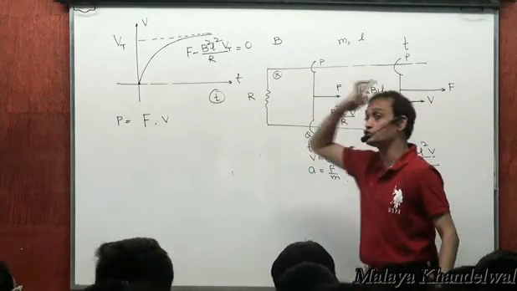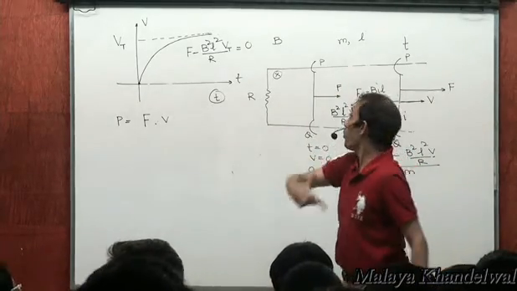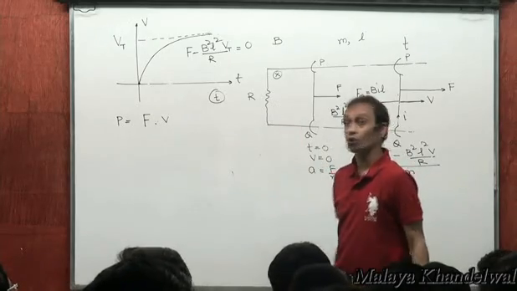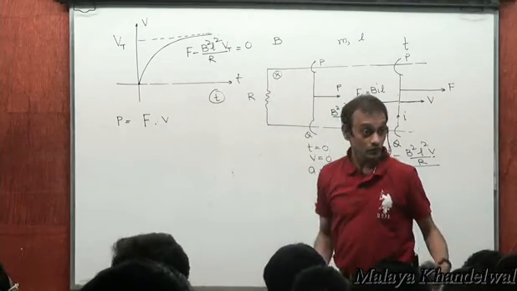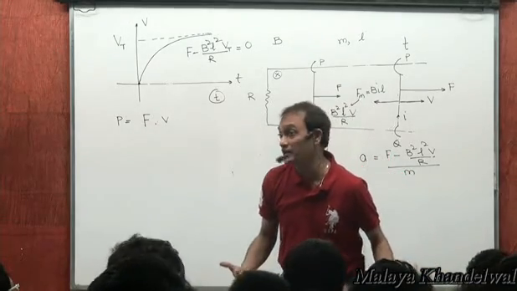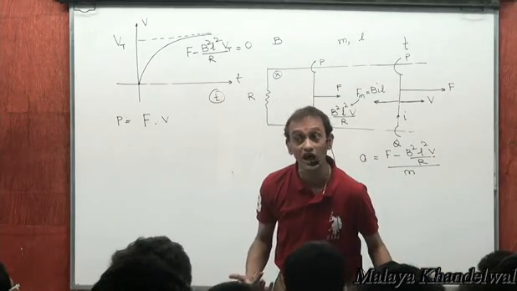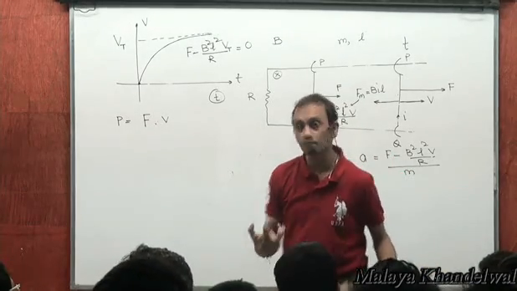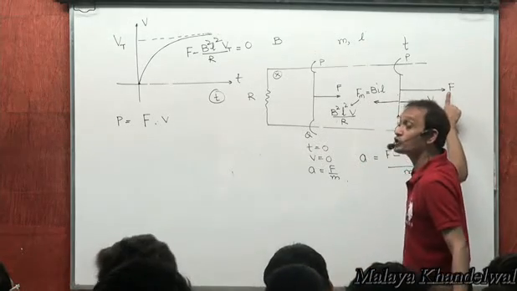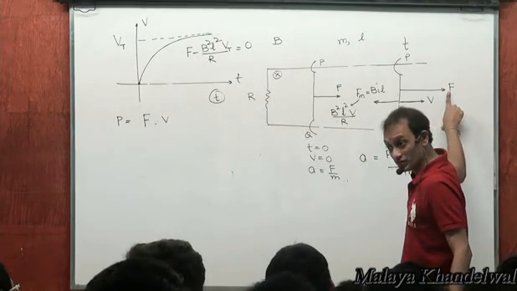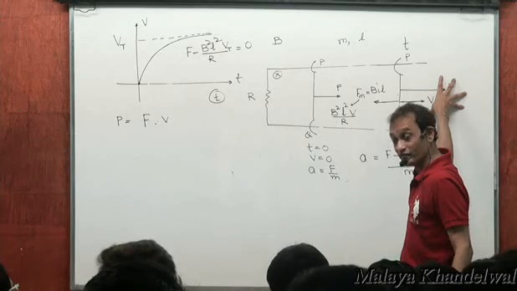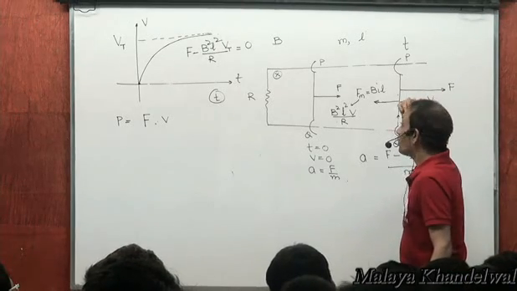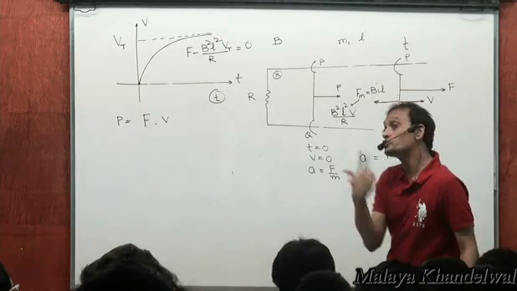It goes towards two things. One part of this power takes care of the joule heating, I square R at that instant. I square R watts is consumed at an instant when the current through the resistance is I. Where does that I square R come from? It comes out of a partial consumption of F into V. This power, these many watts, is what is coming into the system, right? F into V. And where does the rest go?